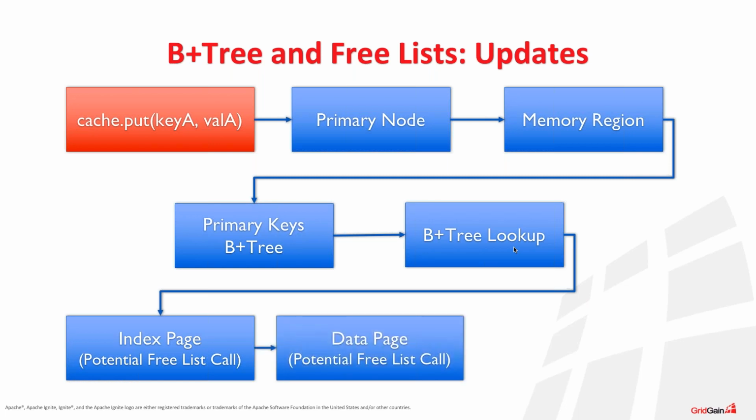We will call our free list to get the page with the minimum space needed. And once the page is retrieved, we will put our entry, our key and value record, into the data page, and we'll do compaction and defragmentation of the pages if needed.